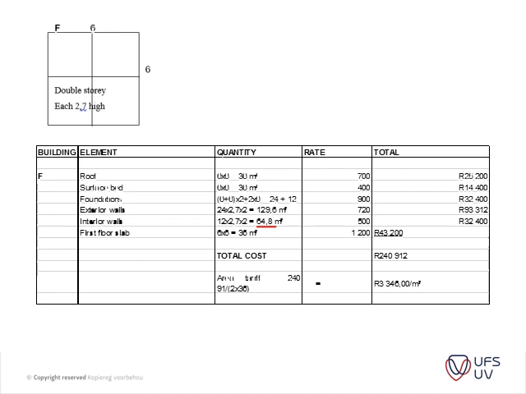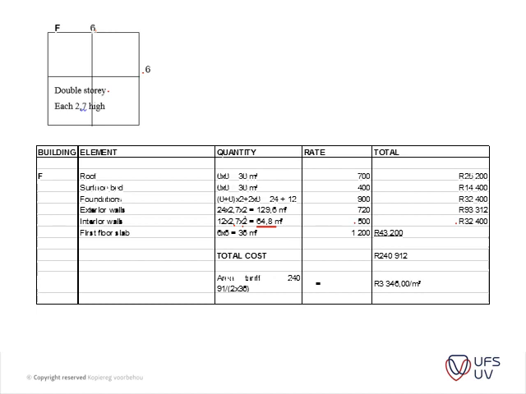So we've got 6 plus 6 times 2.7 times 2 times our rate to get a cost, and then our first floor slab. This is now a double story, so I presume that it is calculated as such. That's why we've got the 2 in here.